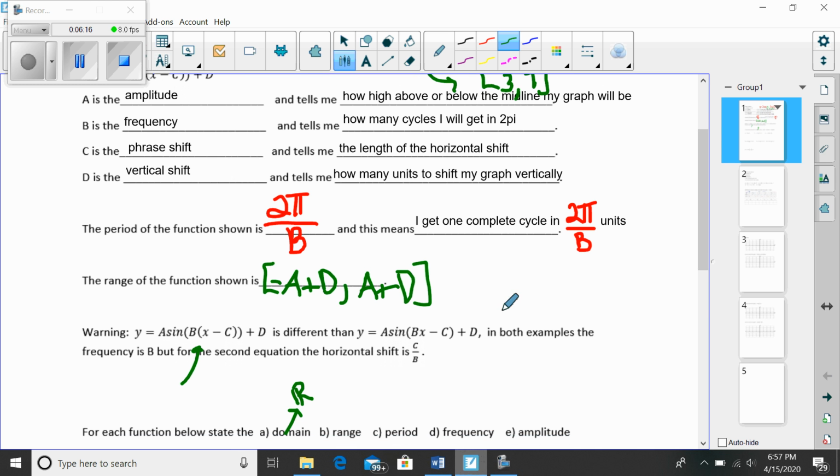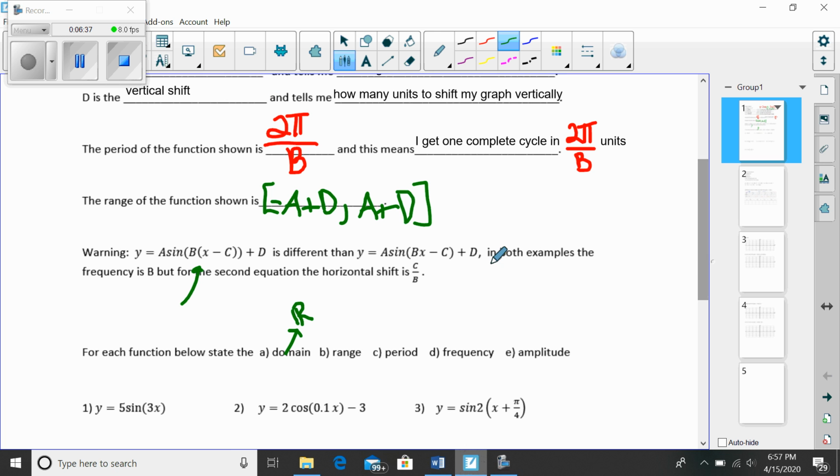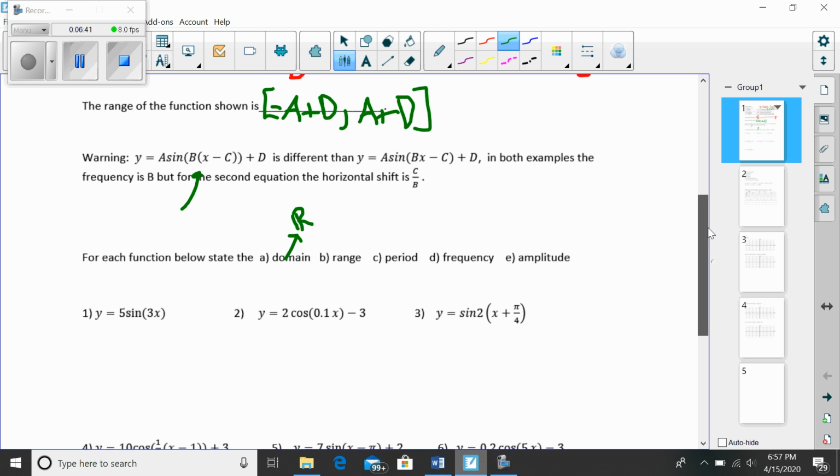It is different though if I have the bx minus c, then I would have to factor a b out. And if I factor a b out to get it in this form on the left, I would have to divide c by b also, to factor the b out so that it looks like what I have on the left. So just be warned, I'm not going to give you any trick questions though, where I try to write it in that slightly different form and try to confuse you.